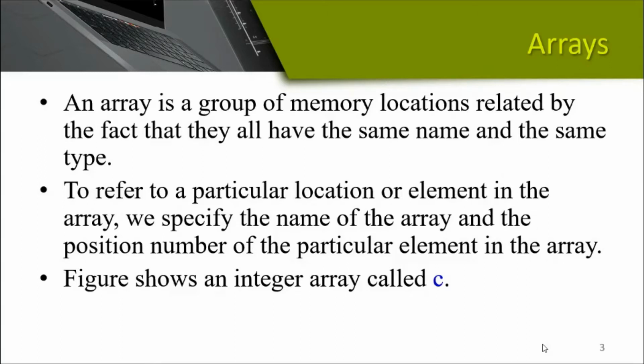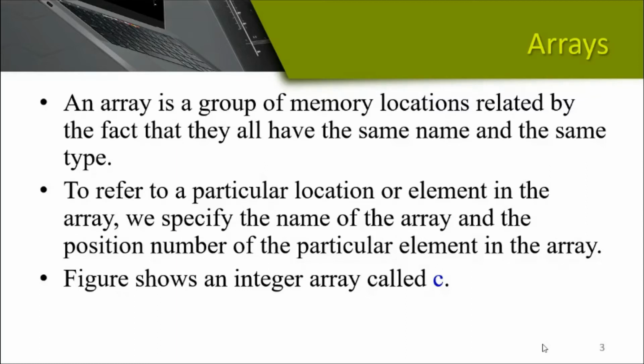Then how do we go to a particular element in that array? Say I want to fetch the 50th element. I have an array which consists of 100 elements, but I need the 50th element. How can I refer to that particular element? That is another question, because we have only a single name. Say the array name is x, and x has 100 different values.